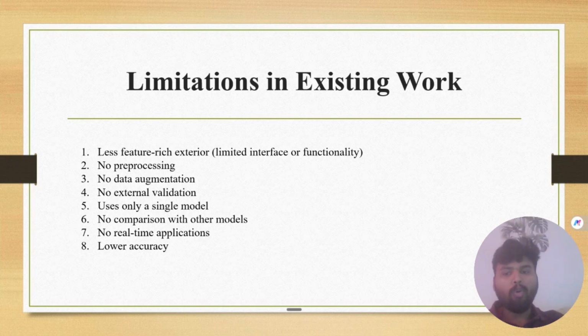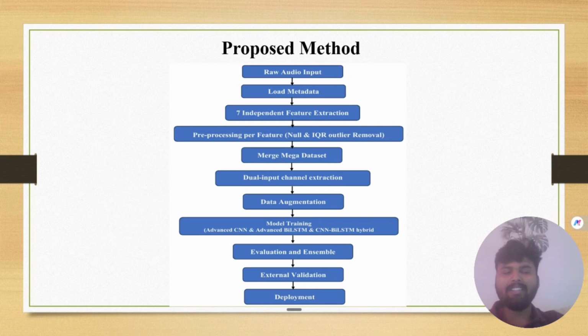By overcoming this, my proposed model takes the raw data input and converts it into metadata. Metadata is nothing but creating labeled data. After that, individual feature extraction, like seven feature extractions, and I spent my own time on pre-processing techniques like removing null values and removing outliers as well.